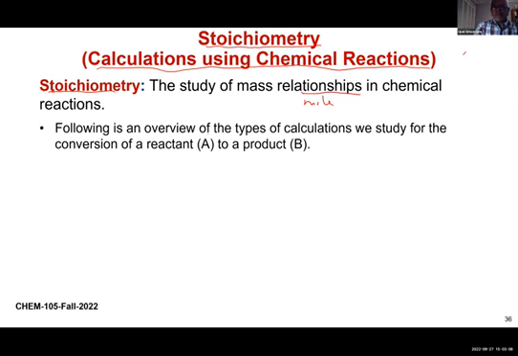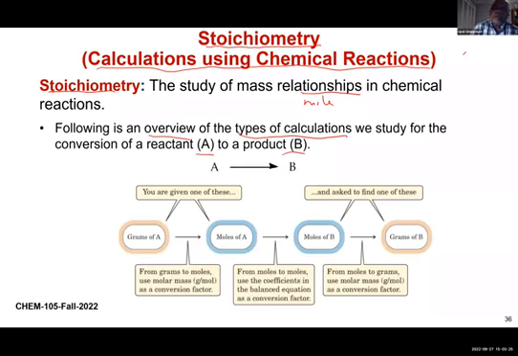Using the mole relationship, the following is an overview of the type of calculation when a reactant goes to products. Reactant or reactants go to product or products. Let's look at a simple chemical equation. The molar ratio is 1 to 1.